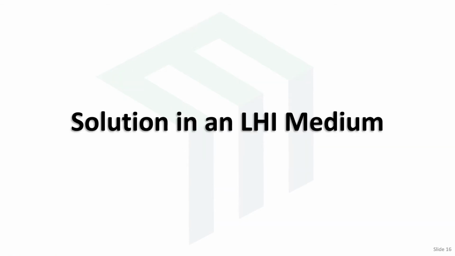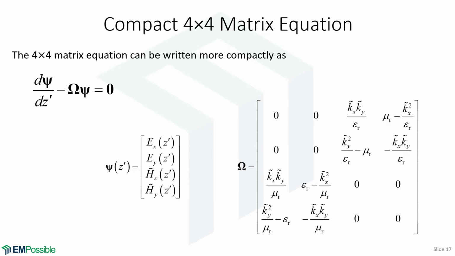Let's look at the solution to our 4 by 4 matrix equation inside of a linear homogeneous isotropic medium. We can write our 4 by 4 matrix equation a little bit more compactly this way. Remember, we had all of our unknowns, and they are a function of z. We eliminated x and y. We'll just group all these into a column vector and call that psi.